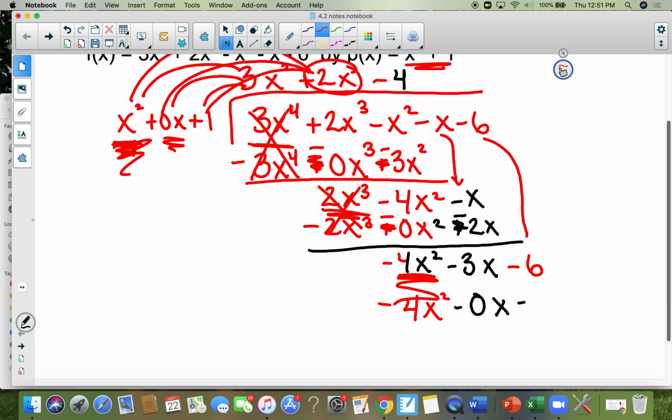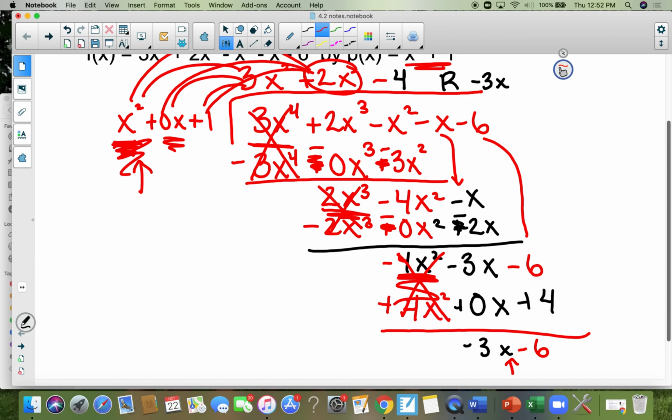Negative 4 times 1 is a negative 4. Draw your line, switch signs. This disappears. This makes a negative 3x minus 6. This is smaller than this. So you're finally done. So that is the remainder of a negative 3x minus 6.